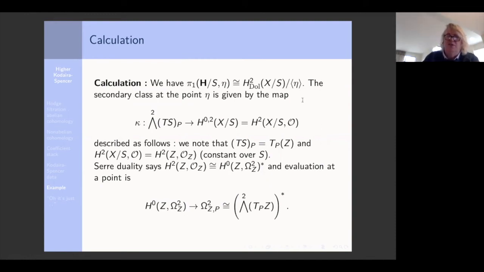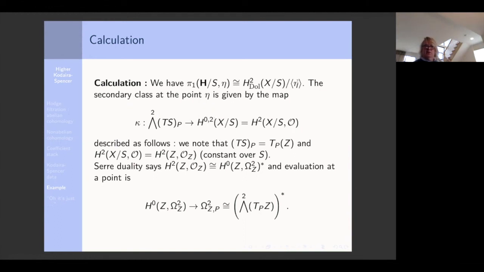Anyway, the result of the calculation: remember that the obstruction map kappa takes values in the pi_1 of the stack, and you can calculate that's going to be the Dolbeault cohomology modulo the class generated by eta. It turns out that our secondary class in the calculation actually goes into the H^{0,2} part.